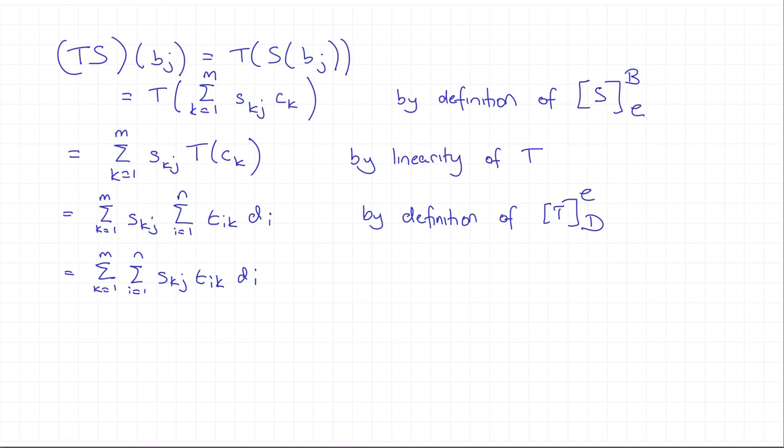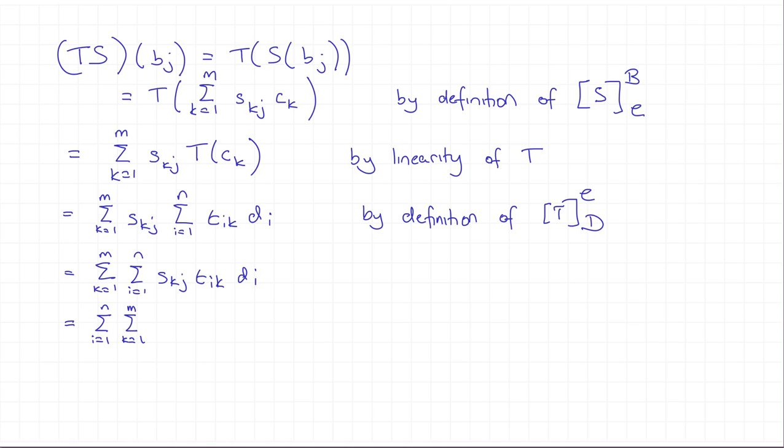What we wanted was the coefficient of d_i, because the coefficient of d_i was going to be the ij entry of the matrix of T composed with S. So let's collect together all the terms in d_i. We can do that by swapping the order of summation, with the i summation first. Because we have a sum of finitely many terms, it doesn't matter what order we add them up in.